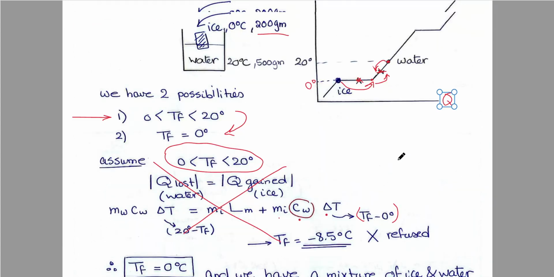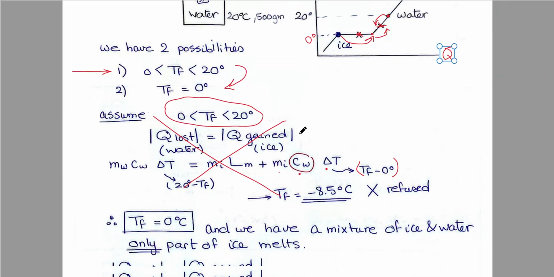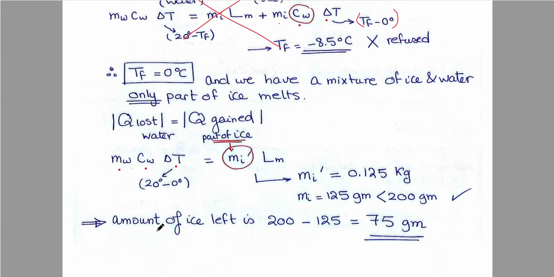But what we want to calculate is the amount of ice left, not the amount of ice melted. So the amount of ice we still have is 200 minus 125 grams, which is 75 grams.